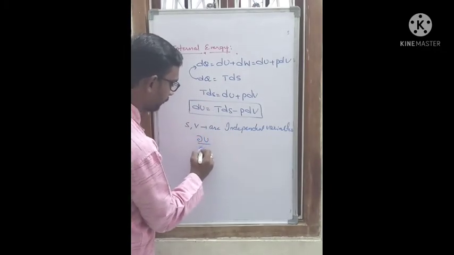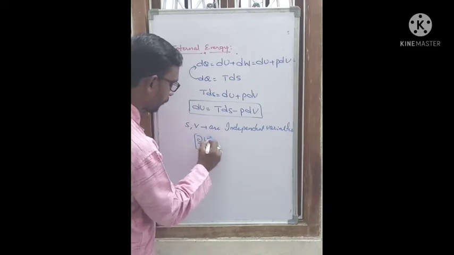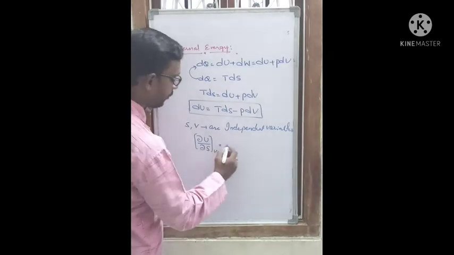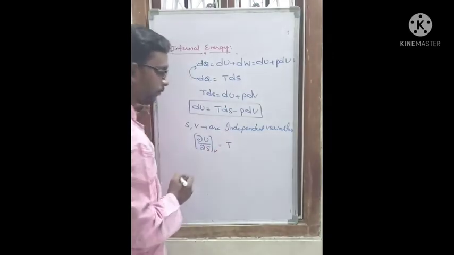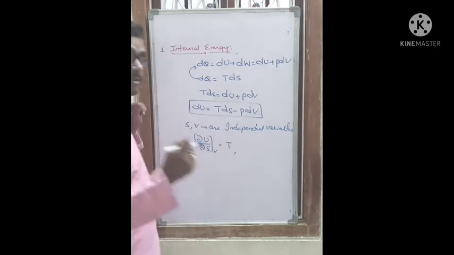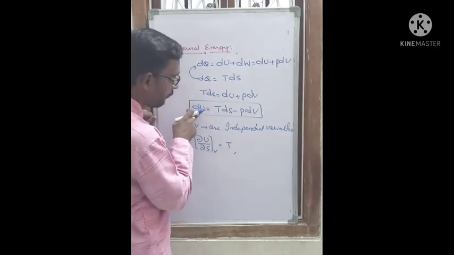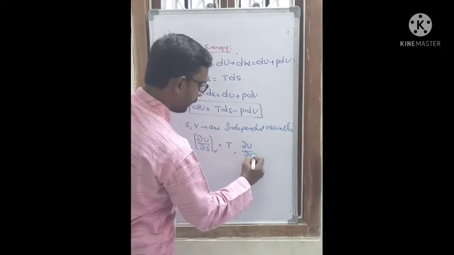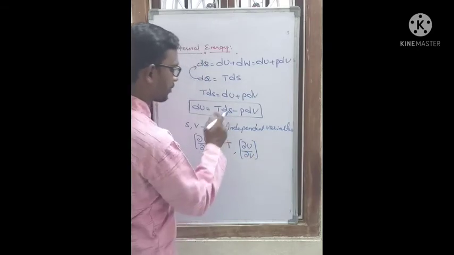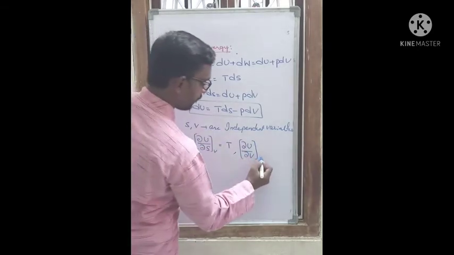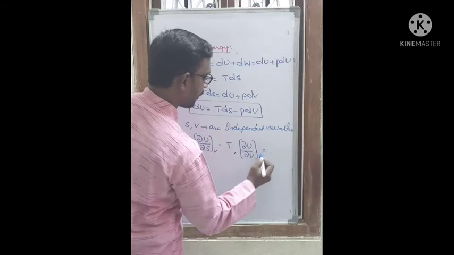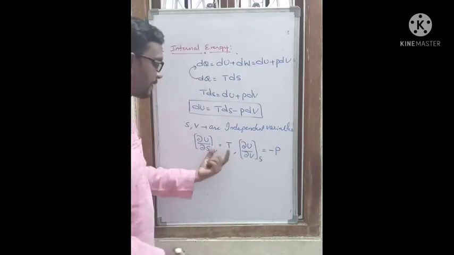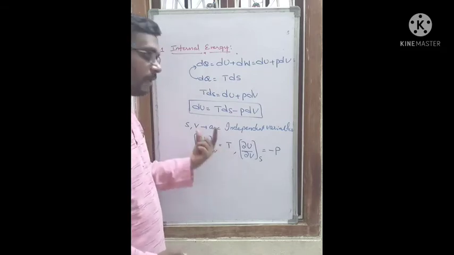Dou U by dou S at constant V equal to T only. Okay, T. And similarly, partial differentiation of internal energy with respect to V, then what do we get there? Dou U by dou V at constant entropy. So here you have to write constant entropy, then we get minus P. Okay, so these are the partial differentials of internal energy.